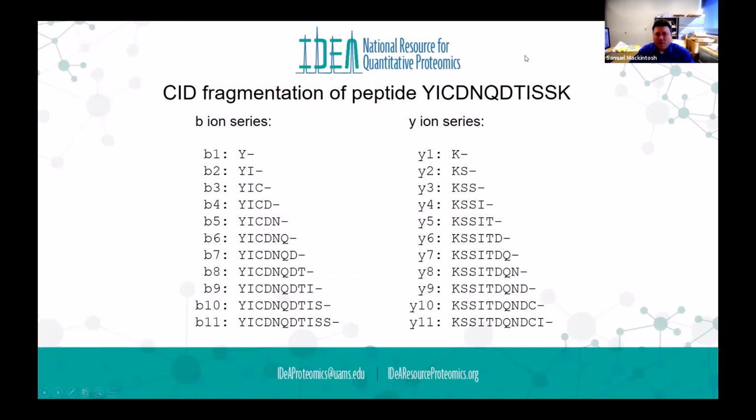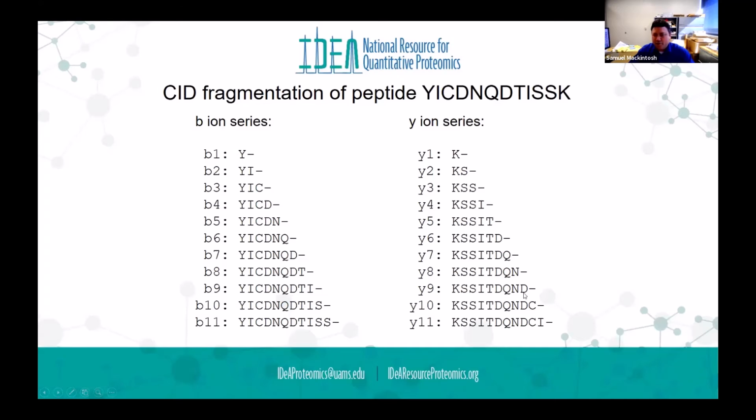Each molecule fragments in one place, and for the purposes of this talk, we'll just say that's random. If you've got enough molecules, which you generally do in mass spectrometry, you get all of these different B ions, depending on where the fragmentation occurs. So ion B1 is just the N-terminal tyrosine amino acid here, but B2 is the first two amino acids from the N-terminus, and so forth.